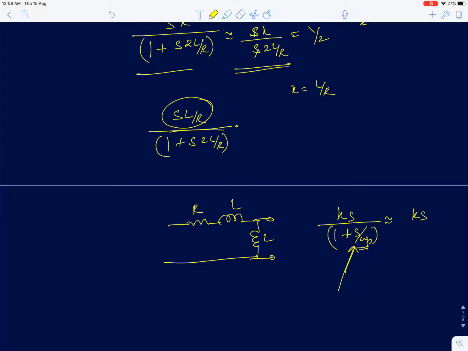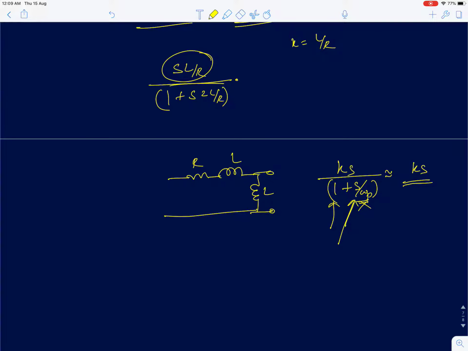This term will be proportional to j omega, so for low frequencies I can ignore this term and it will be equal to simply 1. So you get the transfer function approximately Ks. From that, I just have to derive the low frequency transfer function for this circuit and equate it to this, and we can get the value of k.